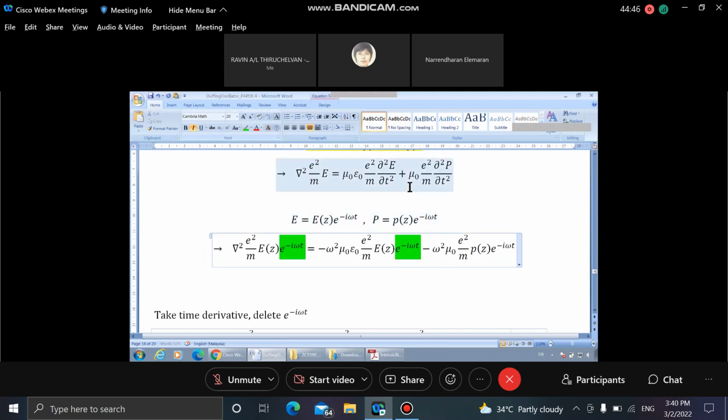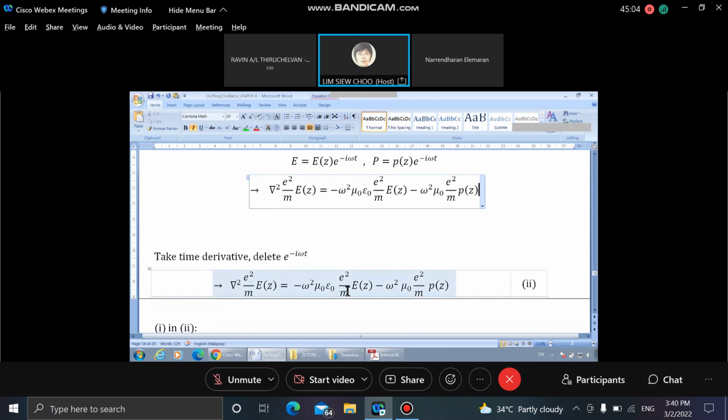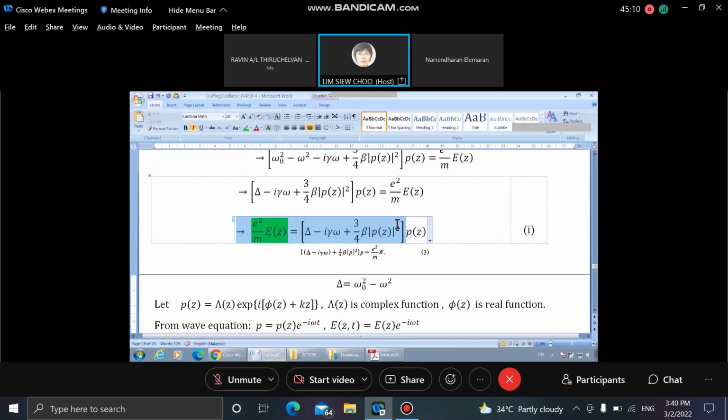So if you feel not so confident when you want to do anything, try to color first. Left and right of the equation, every term carries this, so I can delete this color. So this is what we get. I name it equation 2. Equation 1 is from the paper.